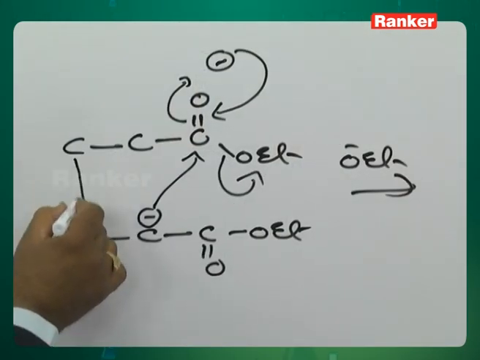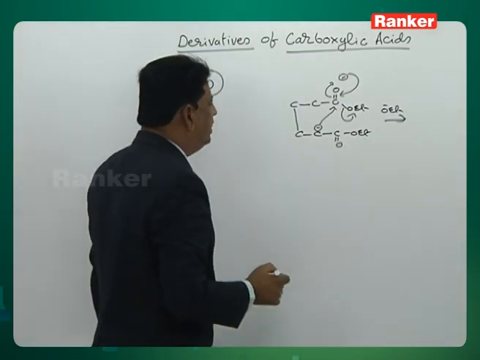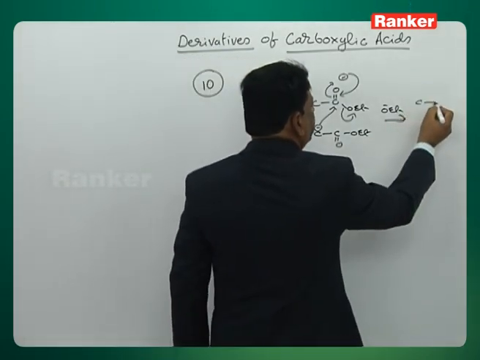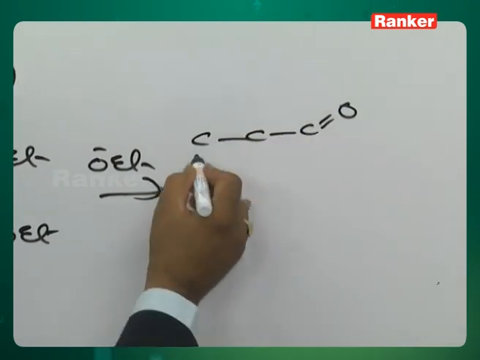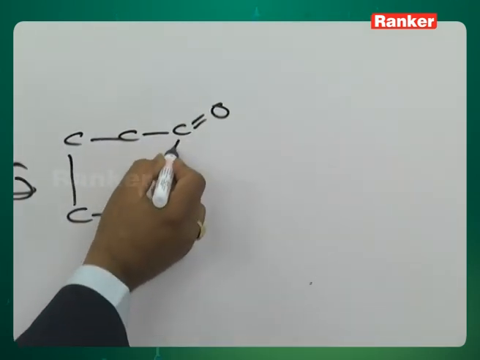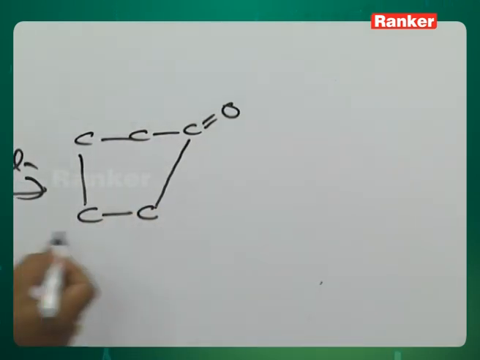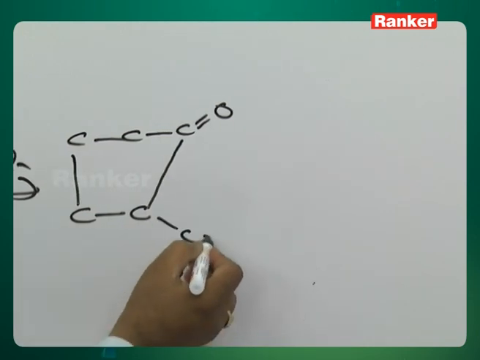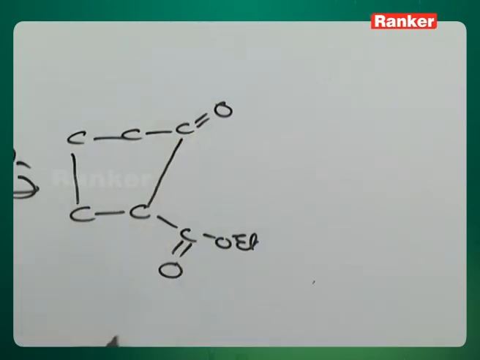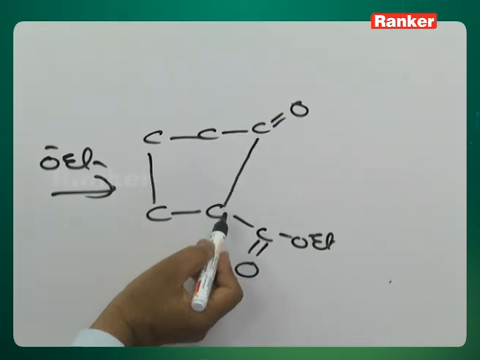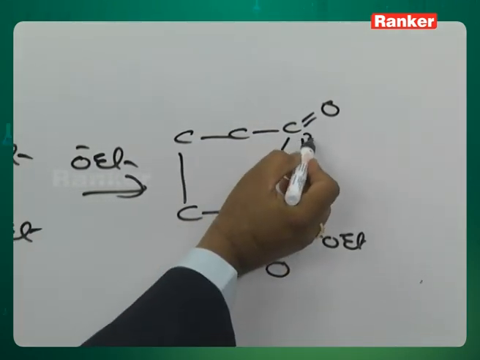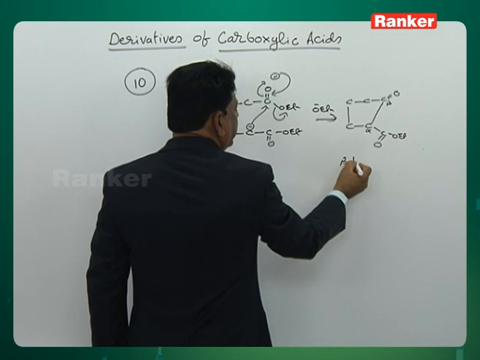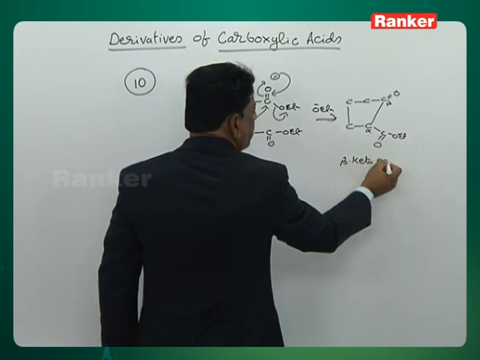If the compound is an attached one, then naturally a 5-membered ketone is formed. At this stage a ring is closed, but this will be an ester. So with reference to the ester, where is the keto? This is a carbonyl group, alpha carbon and beta carbon. So the beta keto esters will be the answer.